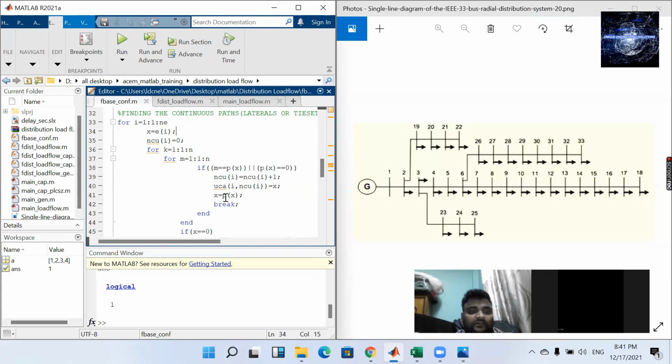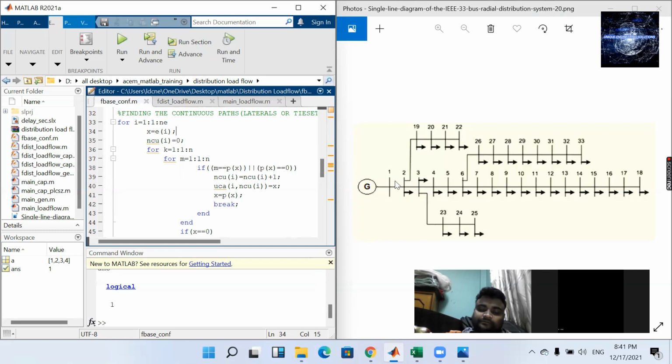Again, now the precedence node of x is in x, so if 18 was the in node, then we have to come to 17. Then again for that also we have to calculate. We have to find which m is equal to the precedence node of 17. For this given example, that is 16. 16 will be the precedence node of 17.